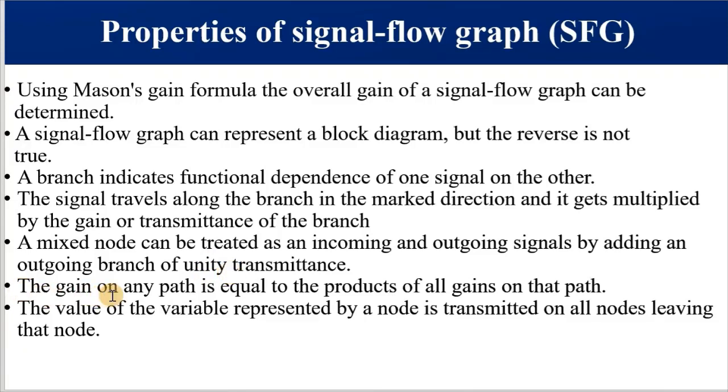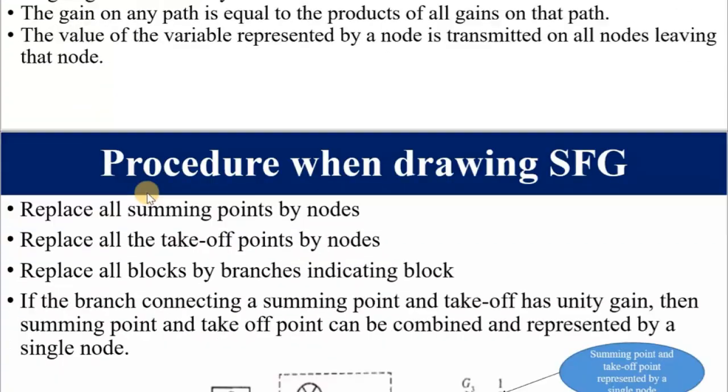Then the gain of any path is equal to the product of all gains on that path. In other words, we would have reduced that SFG to just 2 nodes and 1 branch. Then last but not least, the value of the variable represented by a node is transmitted on all outgoing branches.